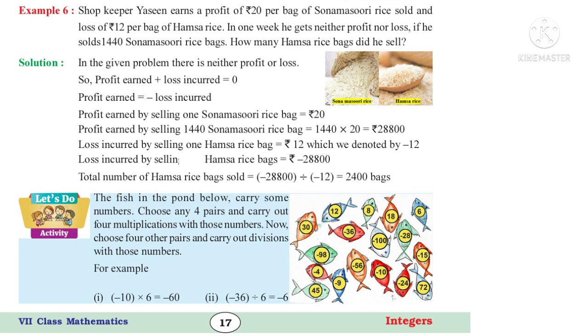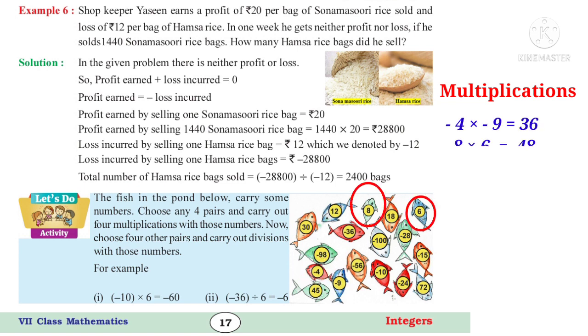The fish in the pond below carry some numbers. Choose any 4 pairs and carry out 4 multiplications with those numbers. Now choose 4 other pairs and carry out divisions with those numbers. Now let us take multiplication. Minus 4 into minus 9 is 36. 8 into 6 is 48.